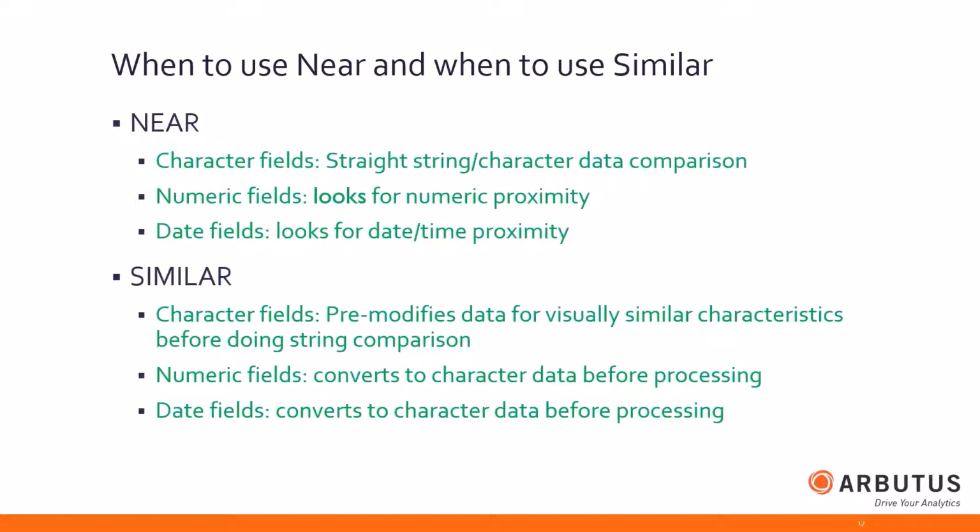For numeric fields, it looks for numeric proximities, looking for transactions, for instance, that might be within $10 of each other. And for date fields, it can look for dates within a certain number of days of each other. The similar is a bit more powerful. For character fields, it'll look for visually similar characters, such as the 1, the L, and the I.